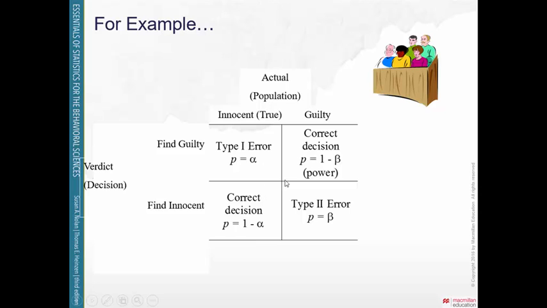But we can make these same two types of errors. We could, based on the evidence presented in court, find the person guilty, send him to jail. But in actuality, the person was innocent. He did not steal the car. Well, we've made a type 1 error. This is a false alarm, right? And you've heard of this happening.